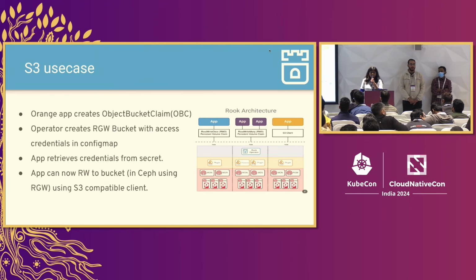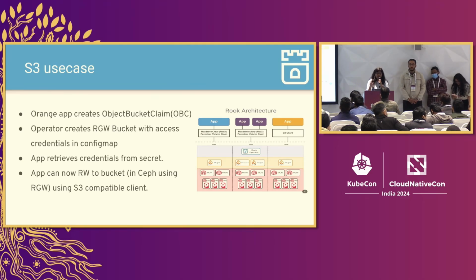You have an app, and you want that app to use an S3 client, compliant with the S3 API. So you just ask Rook to create an object bucket claim. It creates an RGW bucket for you. RGW is what provides the bucket from the Ceph side, and you can access these credentials through a config map and also the Kubernetes secret.